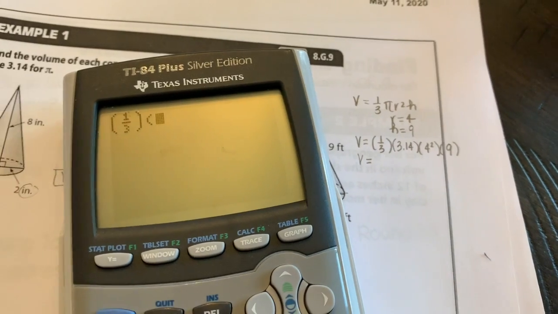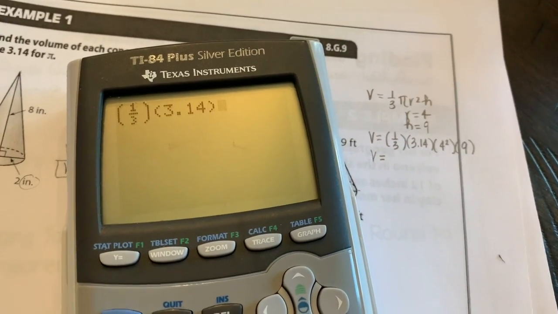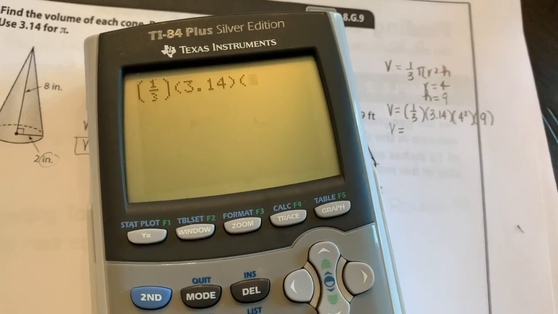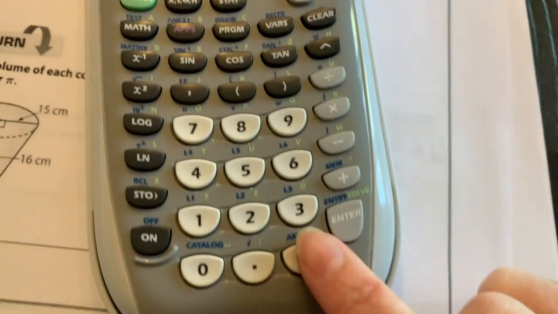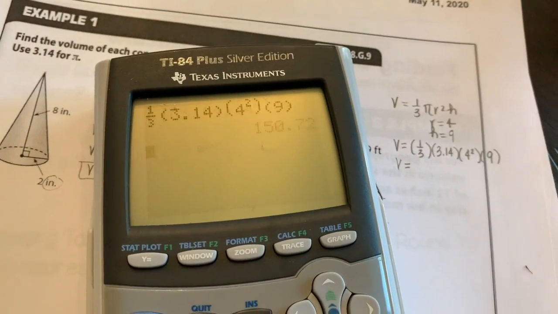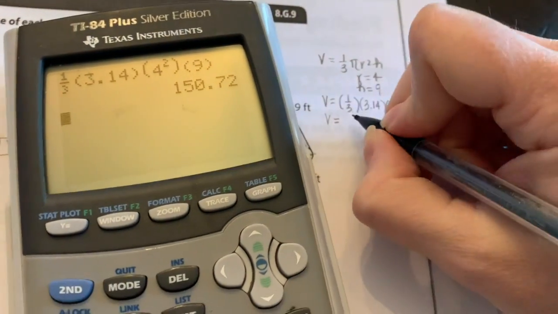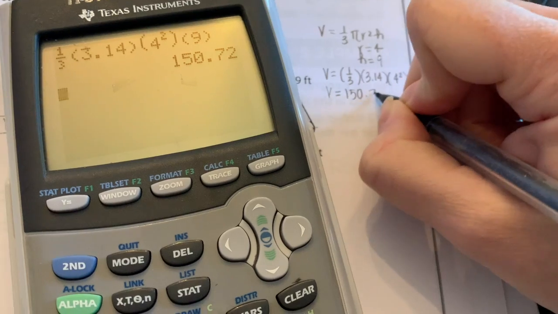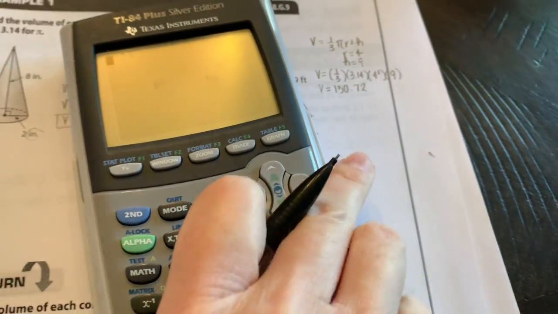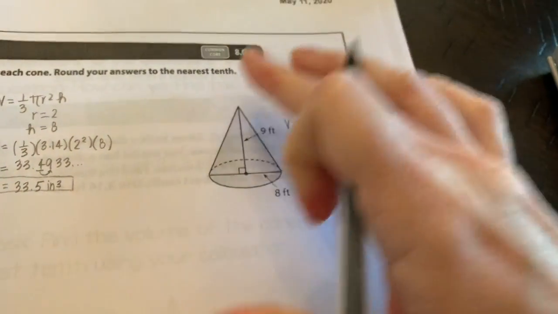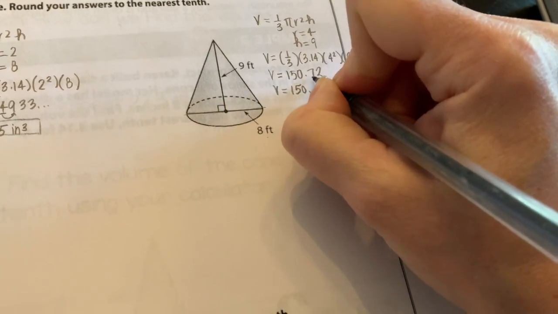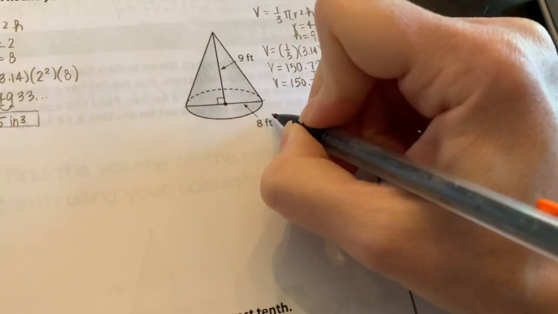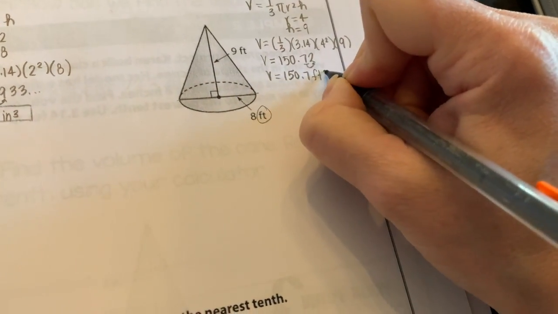Now 3.14, close parentheses. Now 4 squared, close parentheses, 9. And then just push equals, you don't have to do anything else. Okay? And I got 150.72. And rounding to the nearest tenth, that's going to be 150.7 feet cubed.